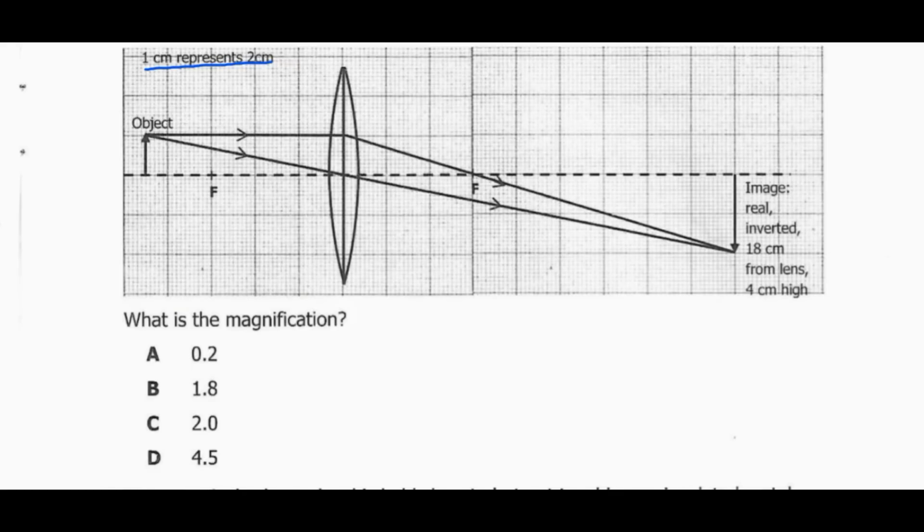So the object is here, our image is here. Let's look at the height. Magnification is equal to height of image over height of object. This is our image.